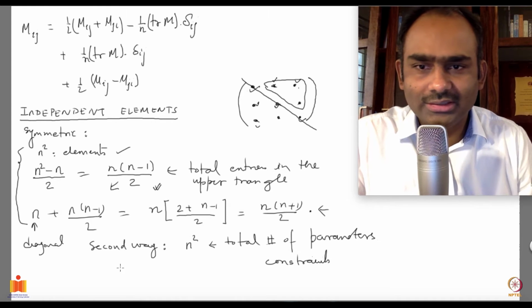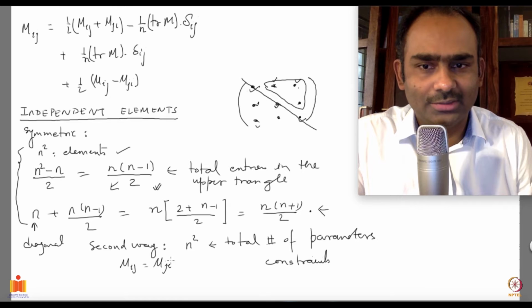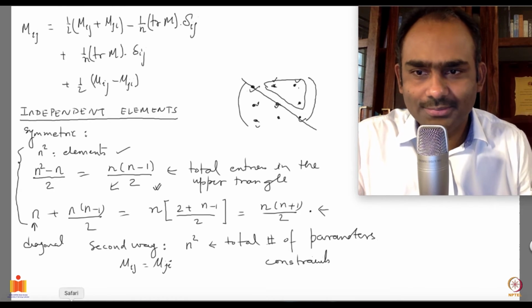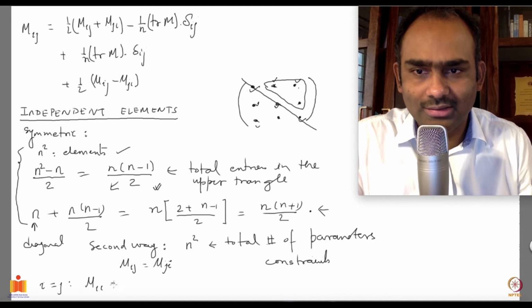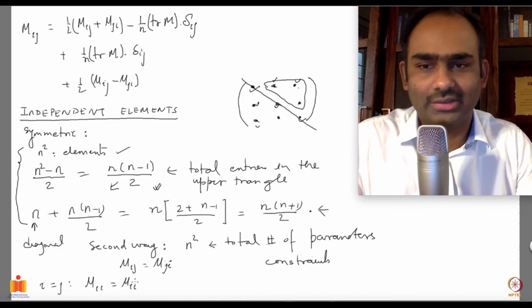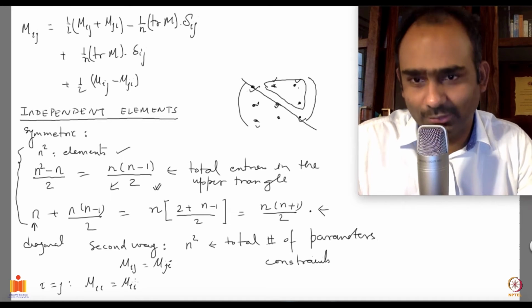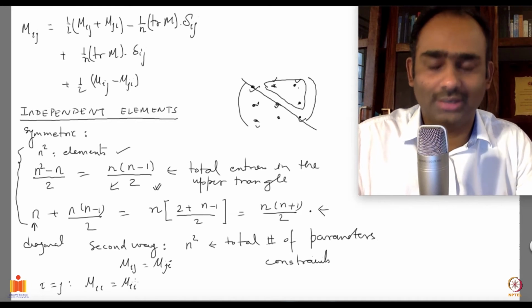So the constraint is that Mij is same as Mji. That's what a symmetric matrix is. Now if i equals j, it says Mii equals Mii. So this is not a constraint. It says M11 is M11, M22 is M22.